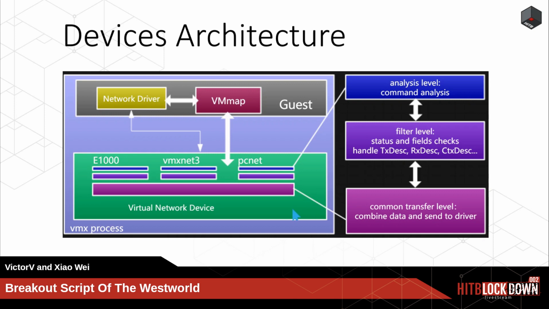ESXi handles data in the kernel instead of a user process. The guest driver uses I/O operations and VMmap to transfer commands and data to the network device. So we know bugs may exist in the virtual network device when it handles data and commands from the guest driver.